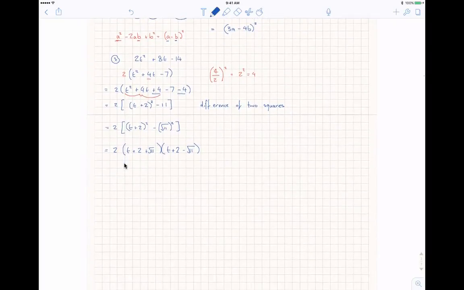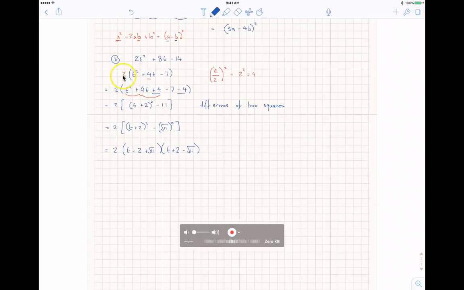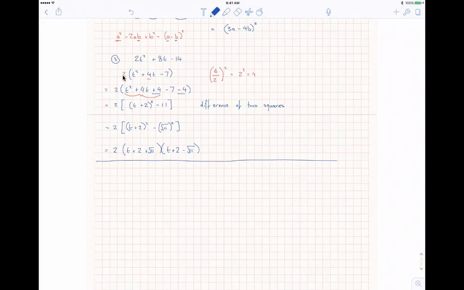So as I said, you could do it using the quadratic formula, but you would have to make sure that you'd taken out this common factor first. If you didn't do that, you might run into some problems. So quadratic formula, x equals minus b plus or minus the square root of b squared minus 4ac over 2a.